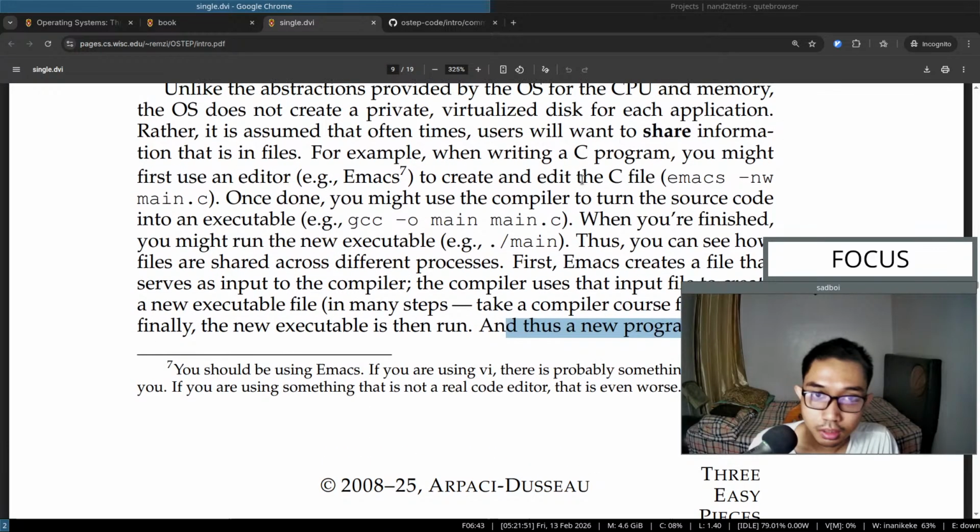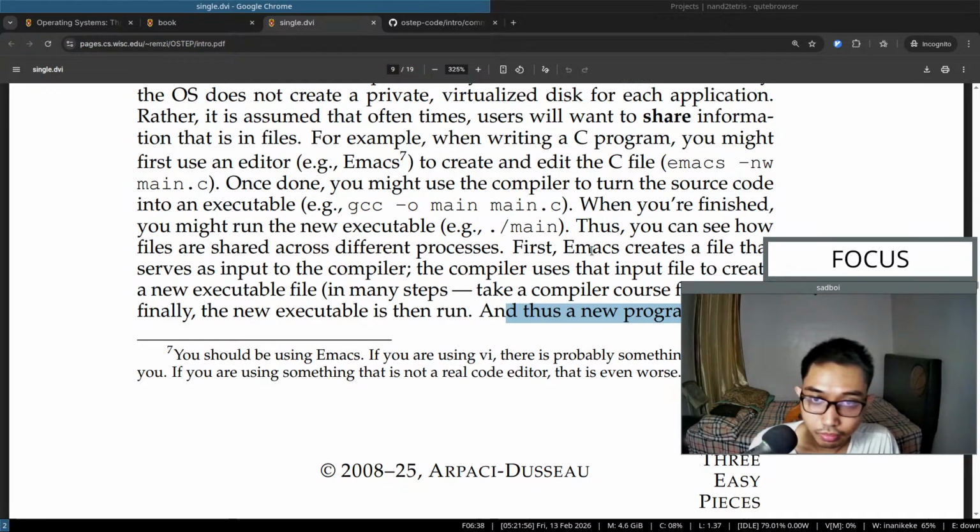Okay. So, wait a minute. Files are shared across different processes, right? We might still be opening this main.c file in Emacs, and we also use the main.c file when we compile those files.